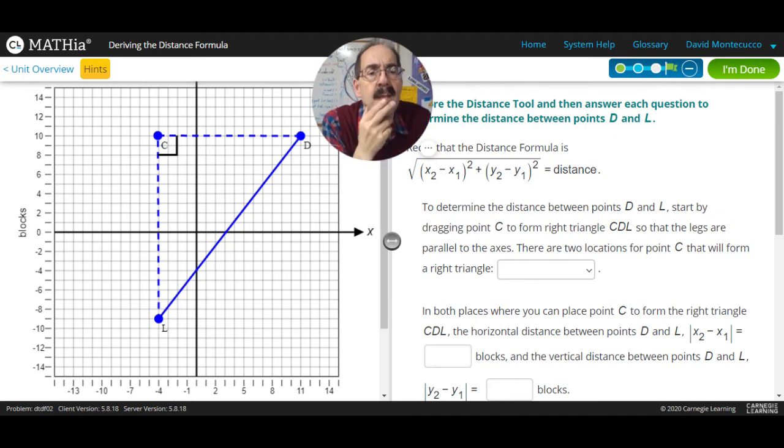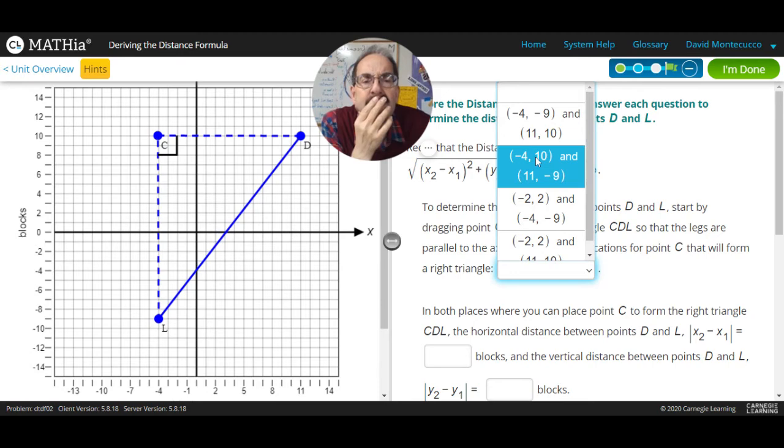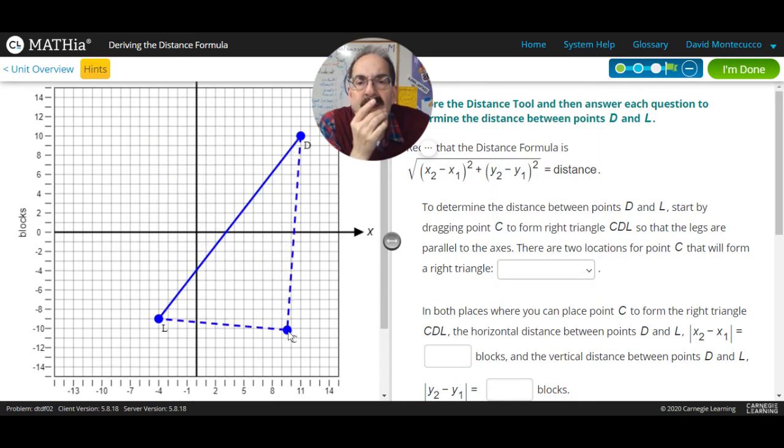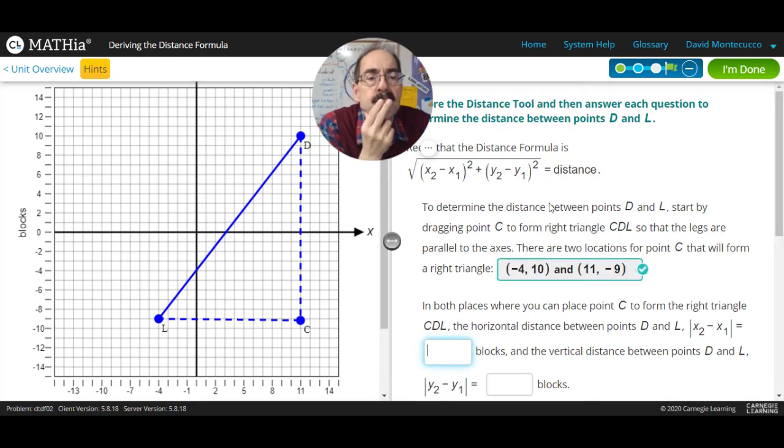So 19 and 15. We could have gone all the way down here, yeah. So we could have gone up and over or down and back. Either one gives us the same answer.